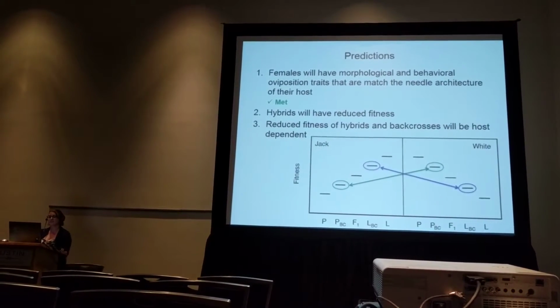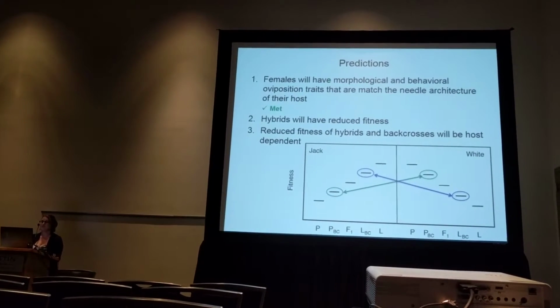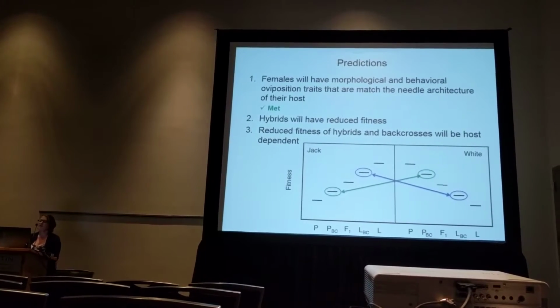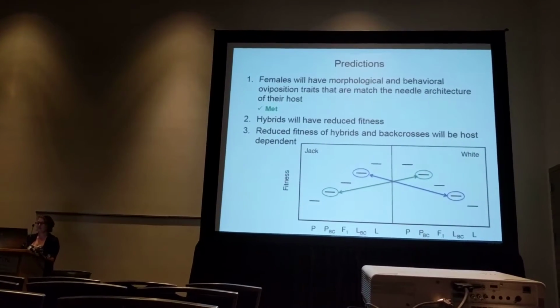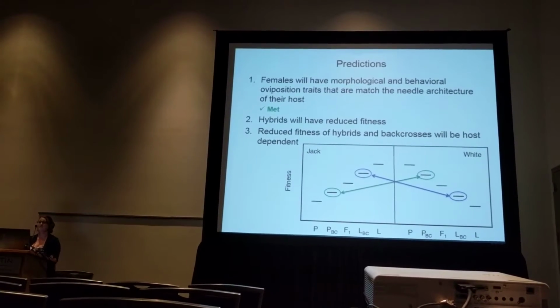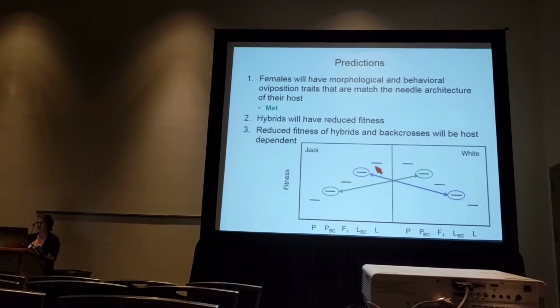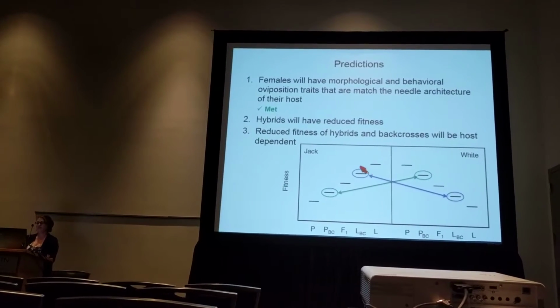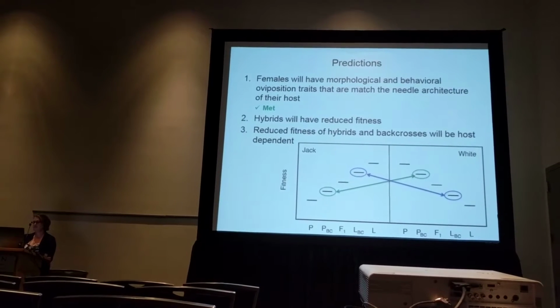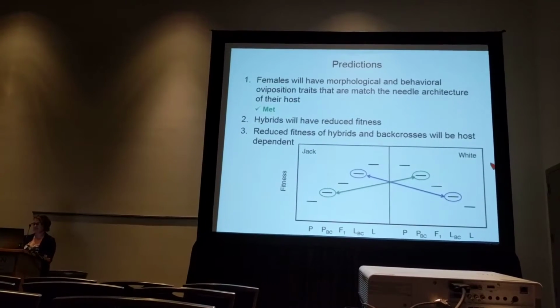And if there is extrinsic postzygotic isolation, you expect there to be an interaction between host type and cross, with the back cross having the highest fitness in the parental environment to which it's most genetically similar. And you can see that here, for example, with the Lecontii back cross shown in blue having a higher fitness on jack pine than on white pine, and the opposite pattern with Pinedum back crosses.